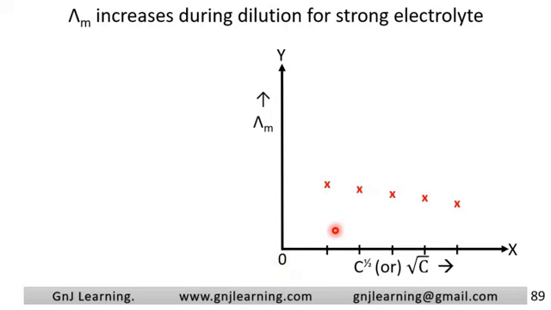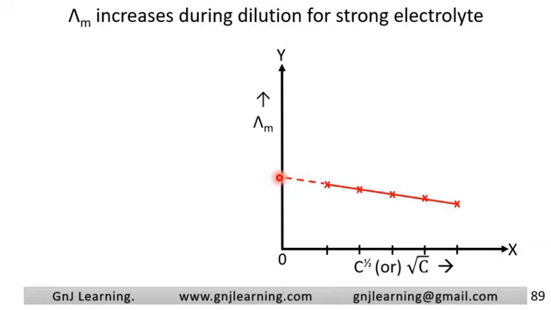So I try to connect them and I got a straight line. At very small dilutions, sometimes lambda m will show error. So I stop here. Now what I am doing is I will extrapolate, meaning I will keep a ruler and extend that line towards the y-axis, and on the y-axis it intercepts. What does this mean? This intercept is lambda m at infinite dilution.